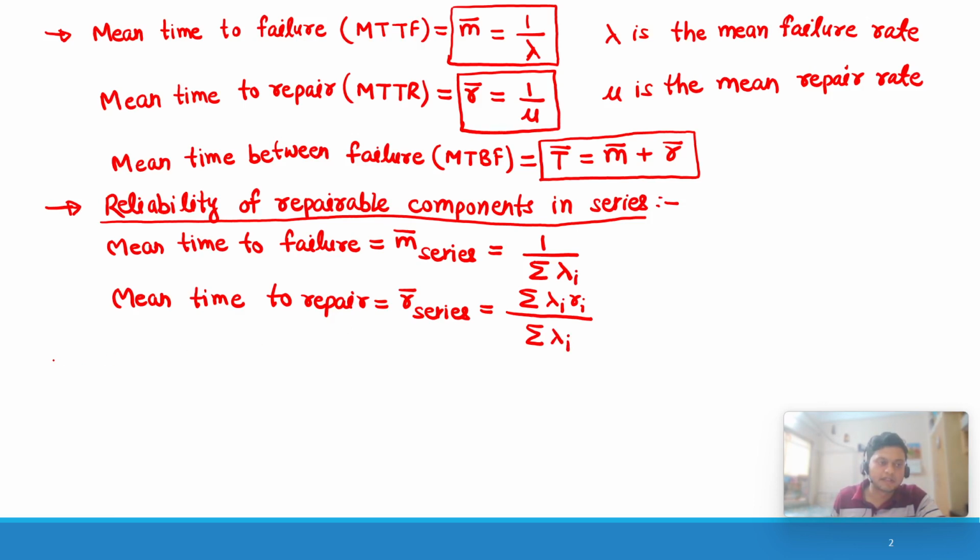And consecutively we can define the mean time to failure and mean time to repair for the components connected in parallel combination.